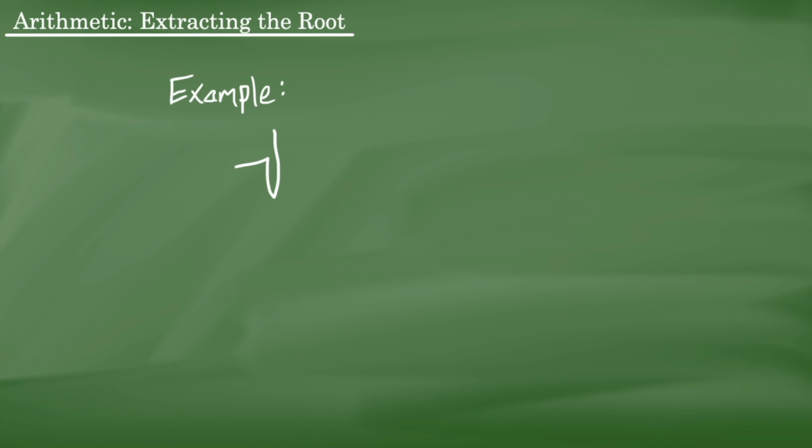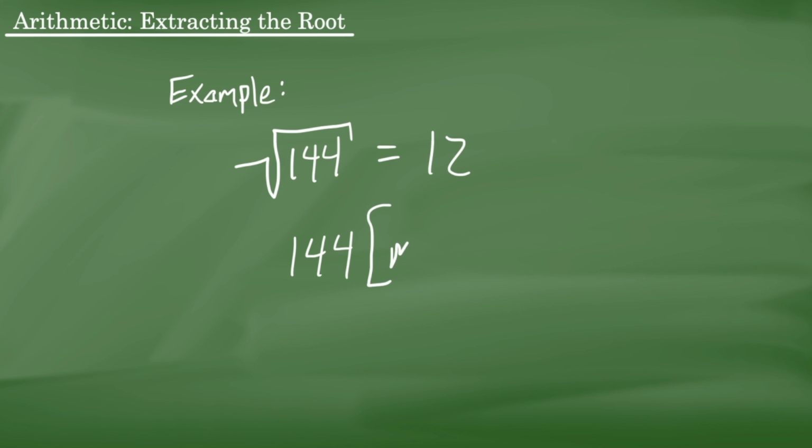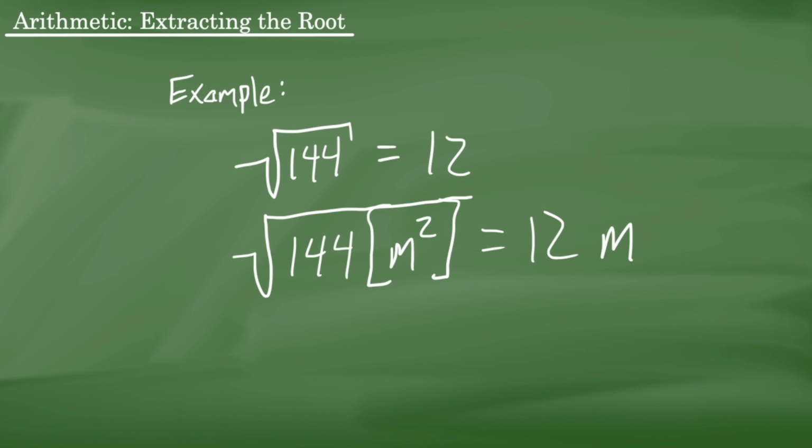Therefore, the square root of 144 would be 12. We started with 144 meters squared. So we have, in taking the square root, 12 meters.